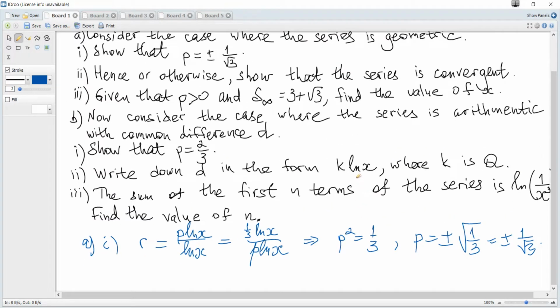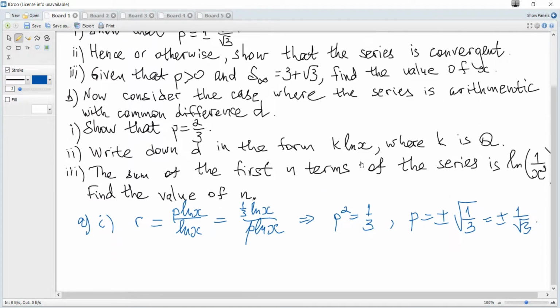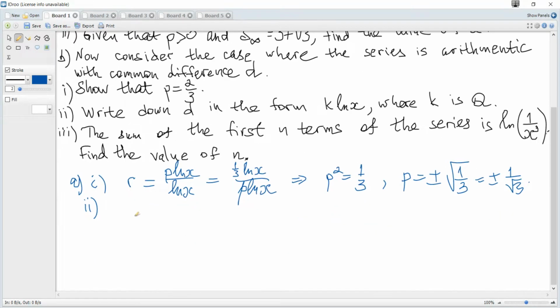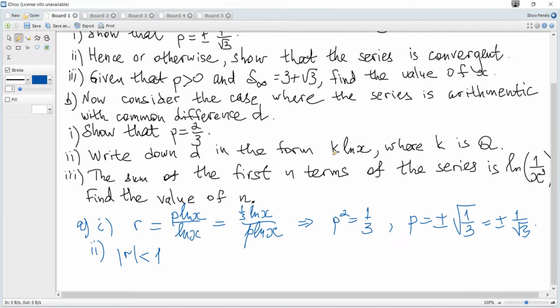The next part: hence or otherwise show that the series is convergent. Convergent implies that the sum to infinity exists, and the condition is given in the data booklet. It says that the sum to infinity exists provided that the absolute value of the ratio is less than 1, and the series is convergent.